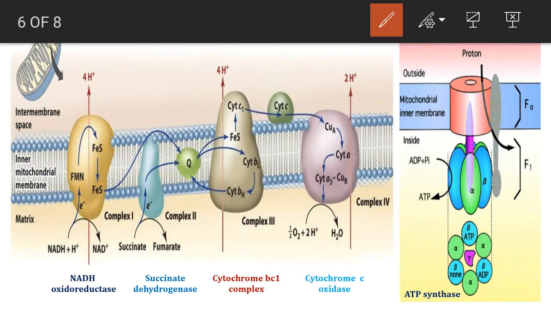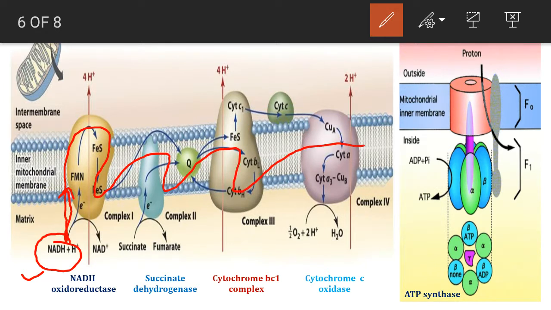Here complex number 1 is NADH oxidoreductase, which shows the oxidation of NADH molecule. Because of oxidation of NADH molecule, there is a release of electrons, and these electrons will now flow through various entities towards the complex number 4.